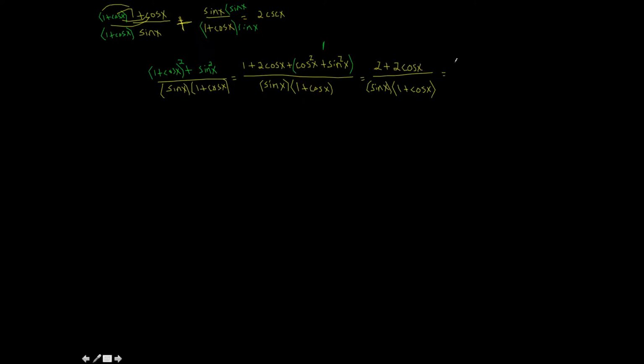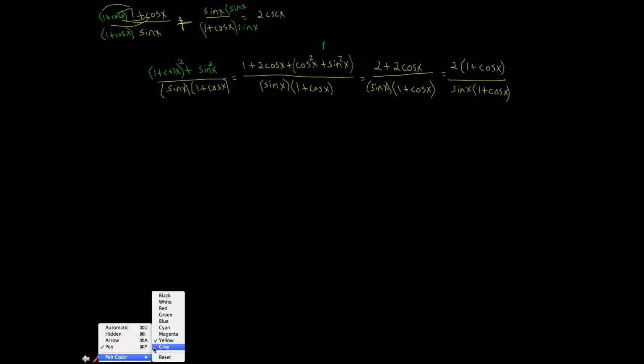So I can actually factor out a 2 on top, and look what I have. This is why I tell you to wait on the bottom part, because I'm multiplying these two quantities together on the top and on the bottom, so I can now cancel out.